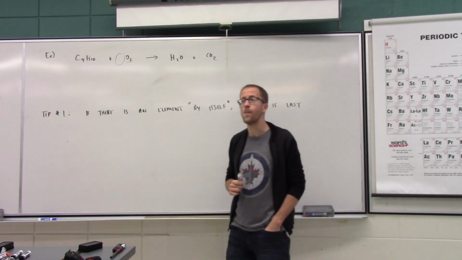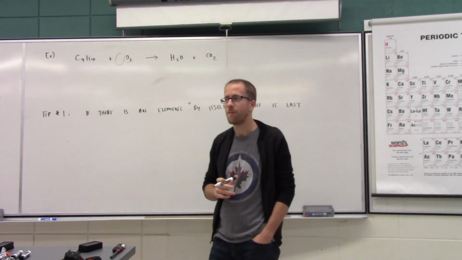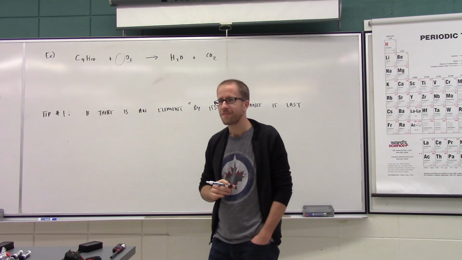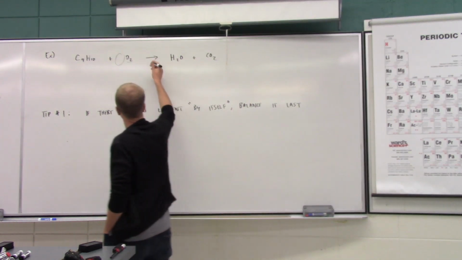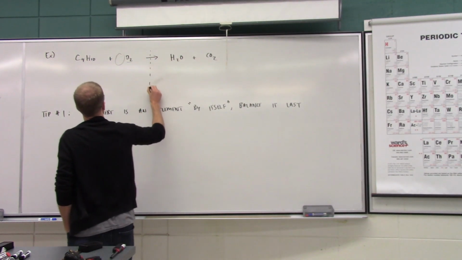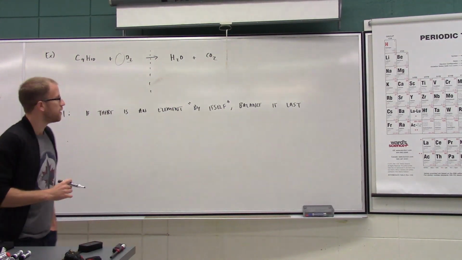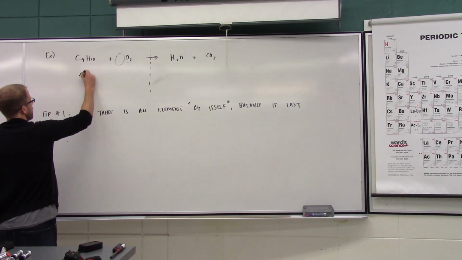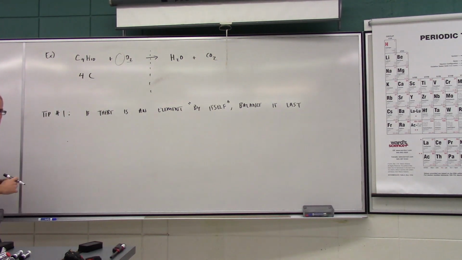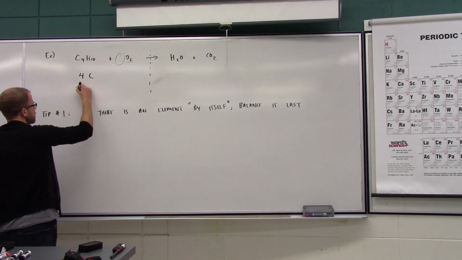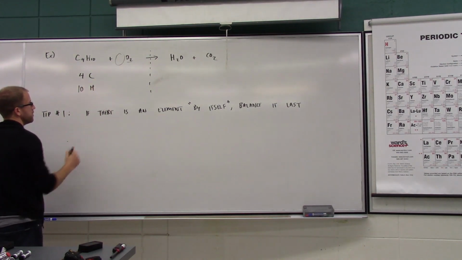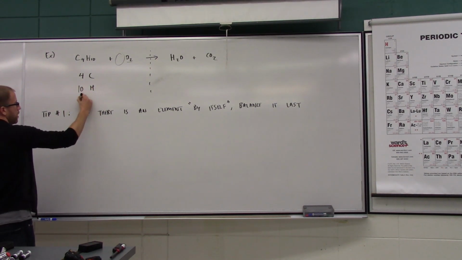What is step 2? Count. We need to count atoms. So how many carbons do I have on this side? We got 4 carbons. How many hydrogens? We got 10 hydrogens. And how many oxygens? We got 2 oxygens. Excellent.